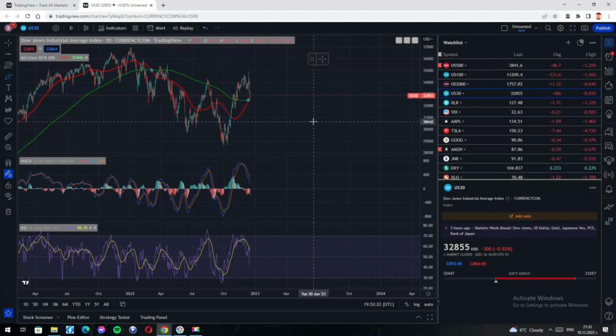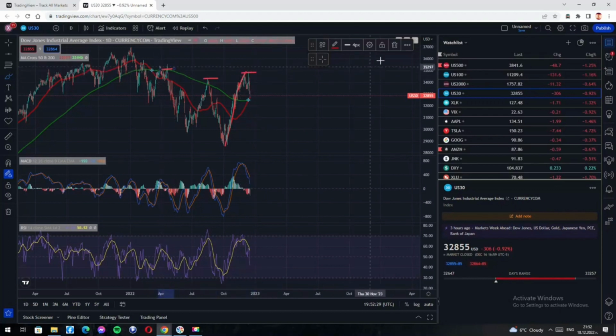And let's take a final look at the Dow. The Dow is what is holding the market strong, because the Dow made a higher high, the only one that did. But doing so, it also got bearish divergence right here.